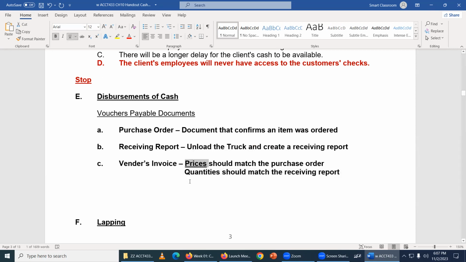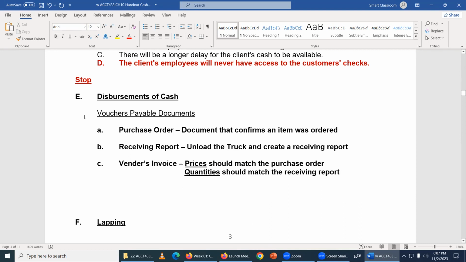So we get the vendor's invoice, and maybe we ordered 10 things, they sent 8. Whatever price that we agreed upon, that should be the price that we pay. So if they only sent 8, then the quantity on the invoice should say 8. So all 3 of these have to be present before a check is cut.